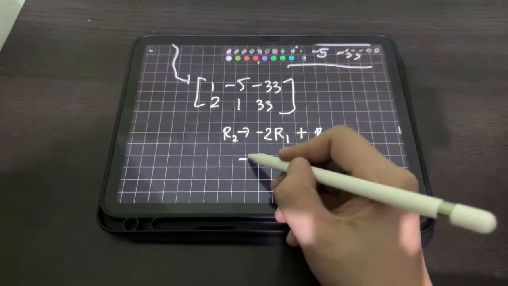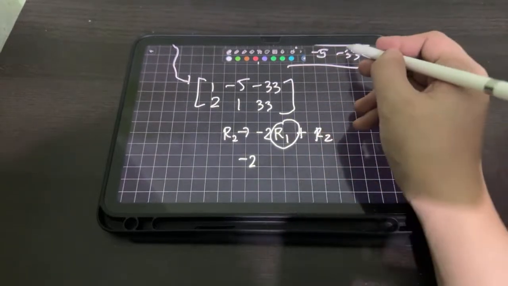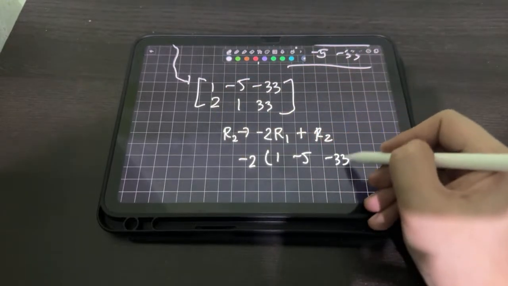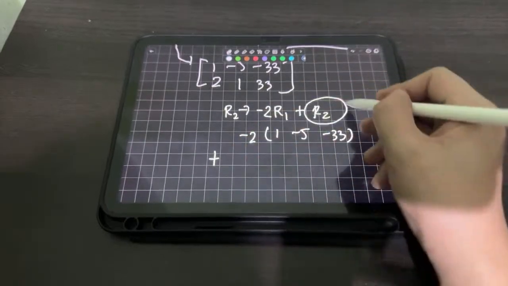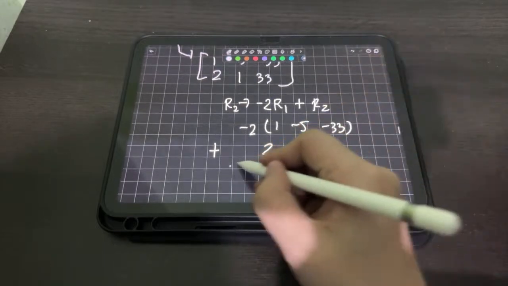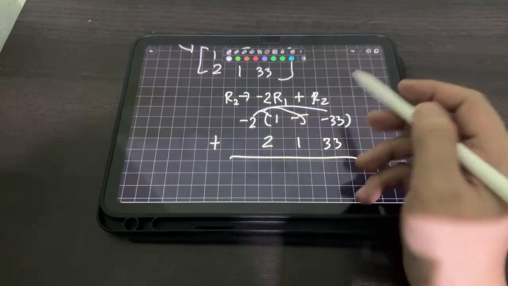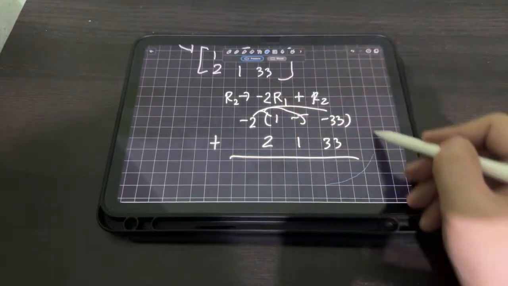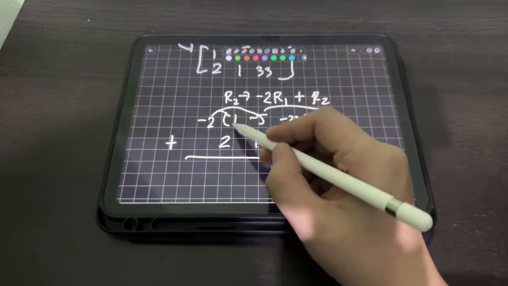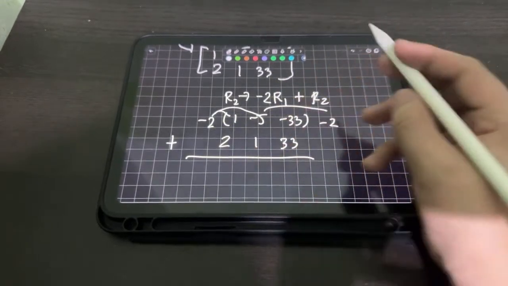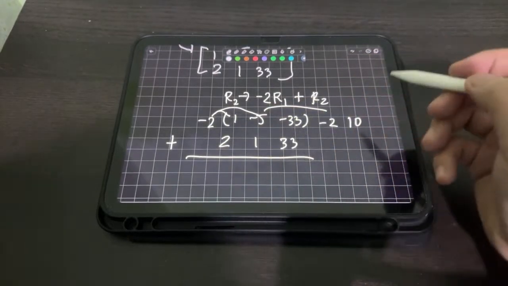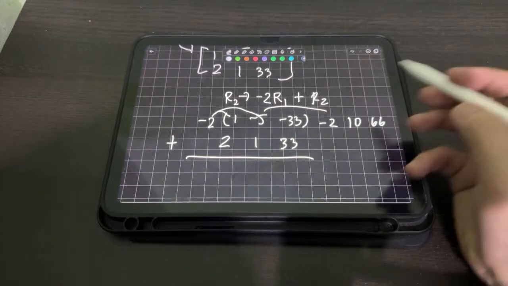We need to multiply negative 2 times the entries in R1, which is 1, negative 5, negative 33. Add this with the entries in R2, 2, 1, 33. So distribute first this negative 2, multiply each term. Negative 2 times 1, negative 2. Negative 2 times negative 5, positive 10. Negative 2 times negative 33, positive 66.